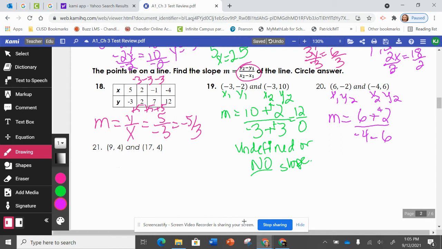If we add the opposite, 6 plus 2 is 8. Add the opposite, -4 plus -6 is -10. So we have -8 over 10, and we always want our fractions to be in simplest form, so that would reduce to -4/5 for our slope.